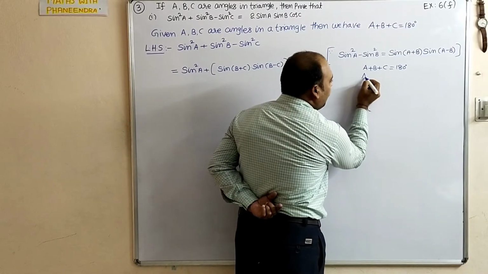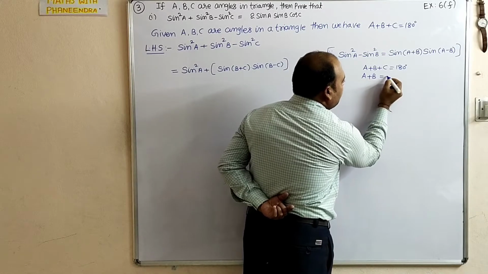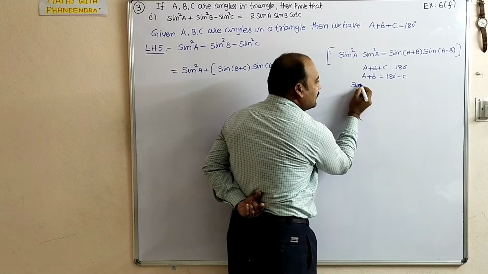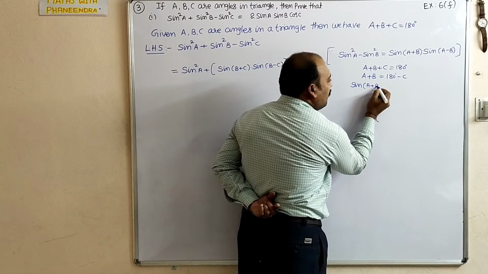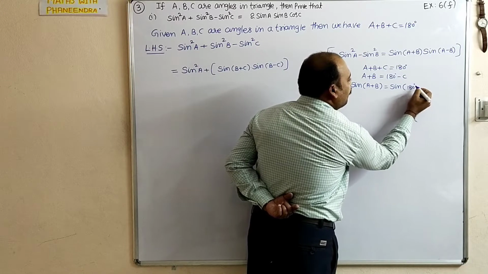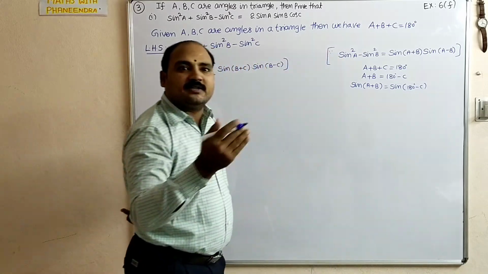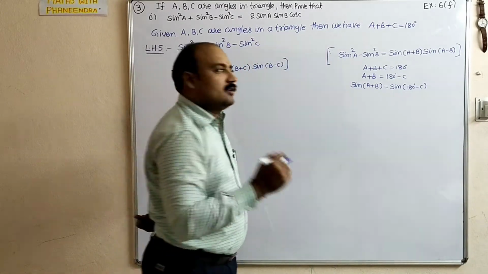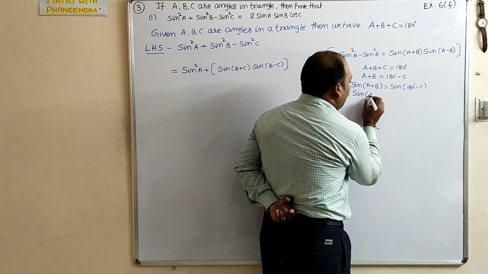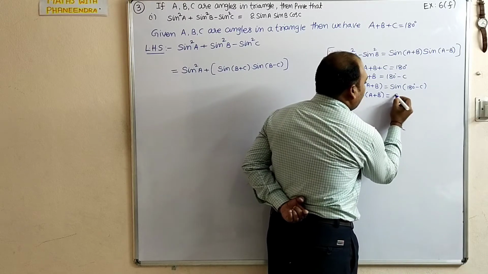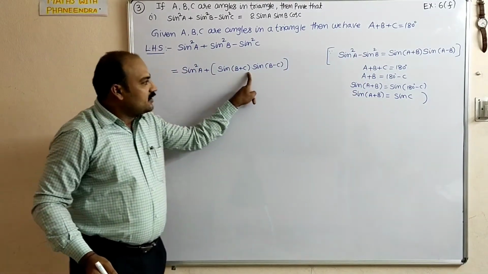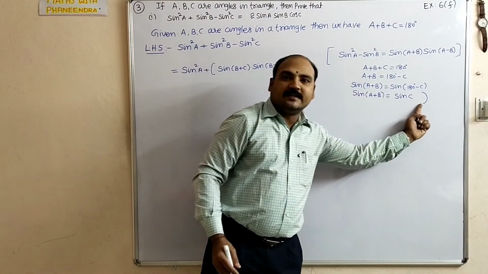A plus B make as a subject, which is equal to 180 minus C. Taking sin on both sides, sin of A plus B is equal to sin of 180 minus C. We know that sin of 180 minus theta is sin theta. Therefore, sin of A plus B equal to sin C. Wherever sin of A plus B is there, you have to replace it with sin C.